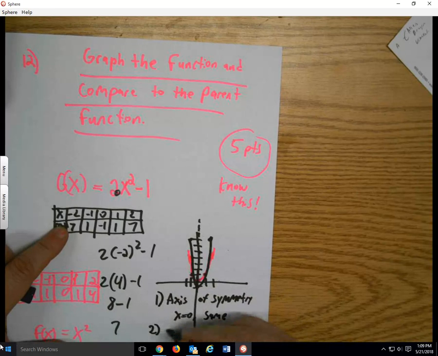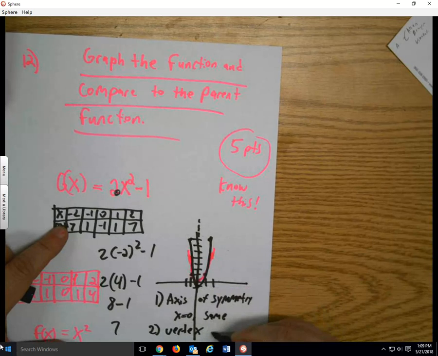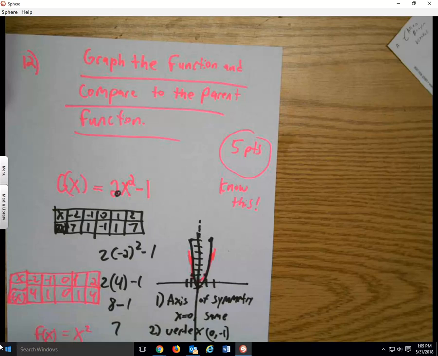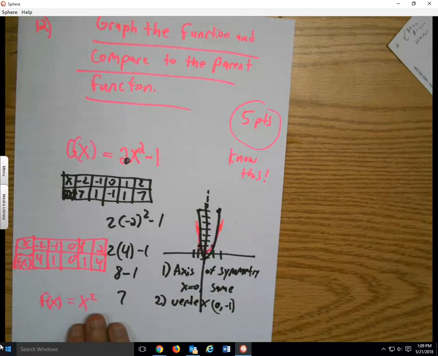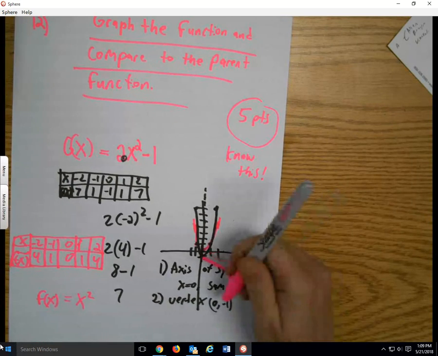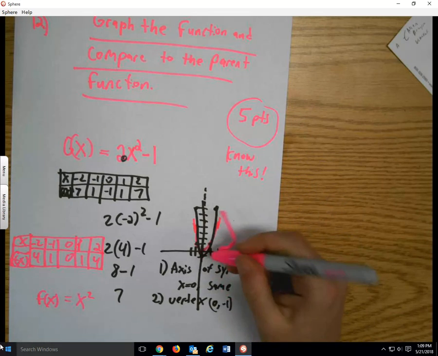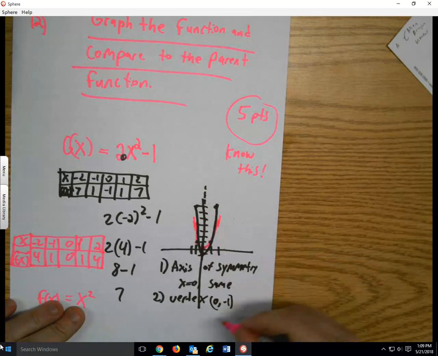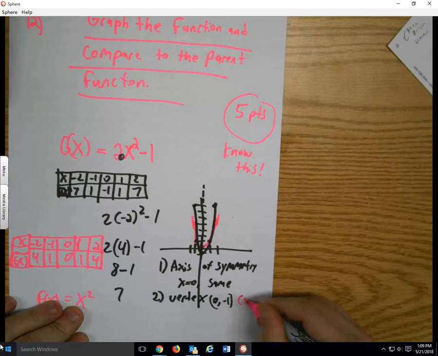2, the vertex. They're different. One is 0, negative 1. And then the pink one is actually 1 higher if you look. It's 1 higher, right here. So it'd be a 0, 0.